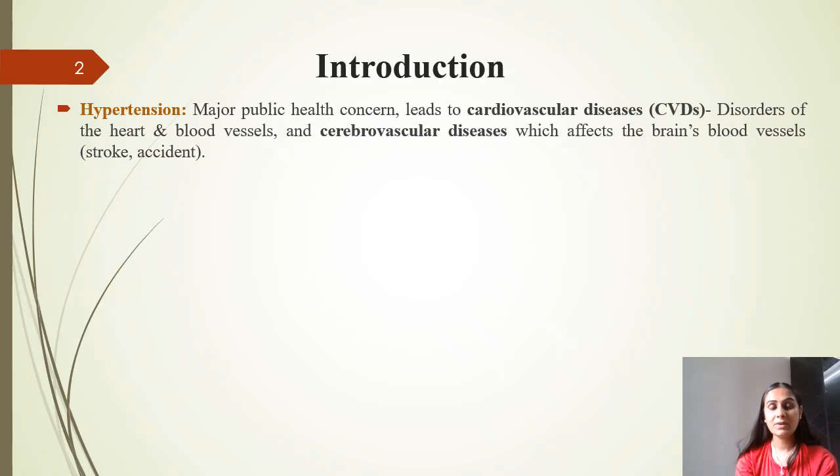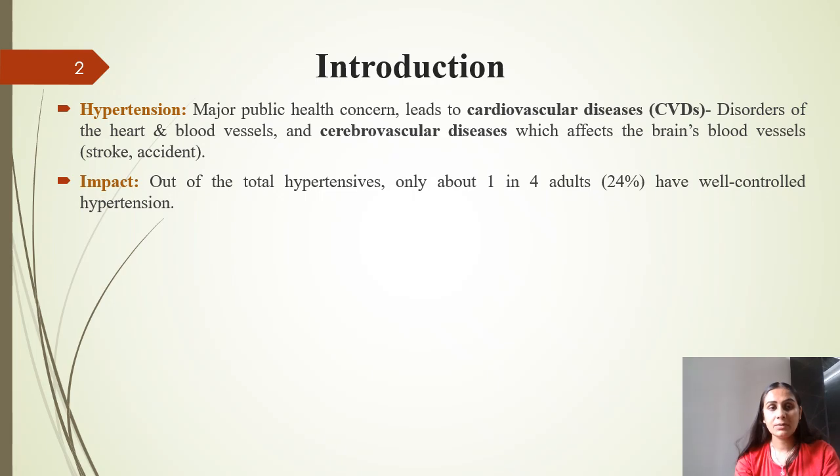This is a major public health concern which leads to cardiovascular diseases, that is CVDs. These are the disorders of the heart and blood vessels, and cerebrovascular diseases, which affect the brain's blood vessels due to stroke or accident.